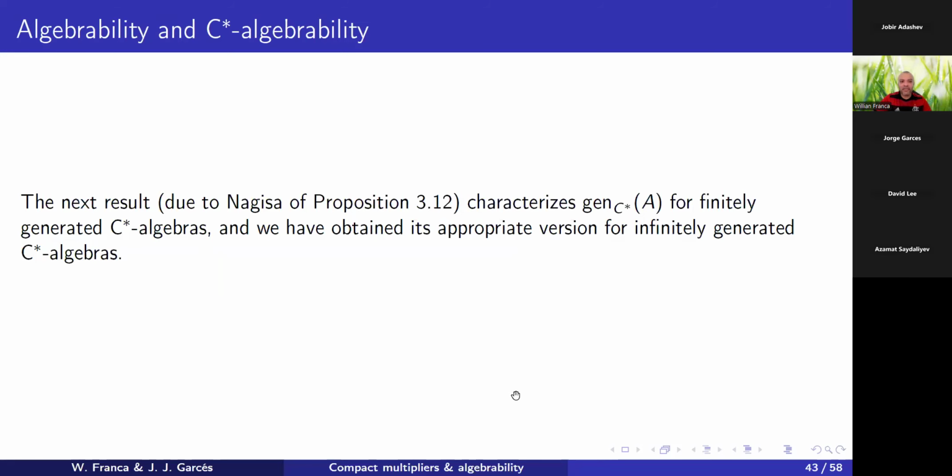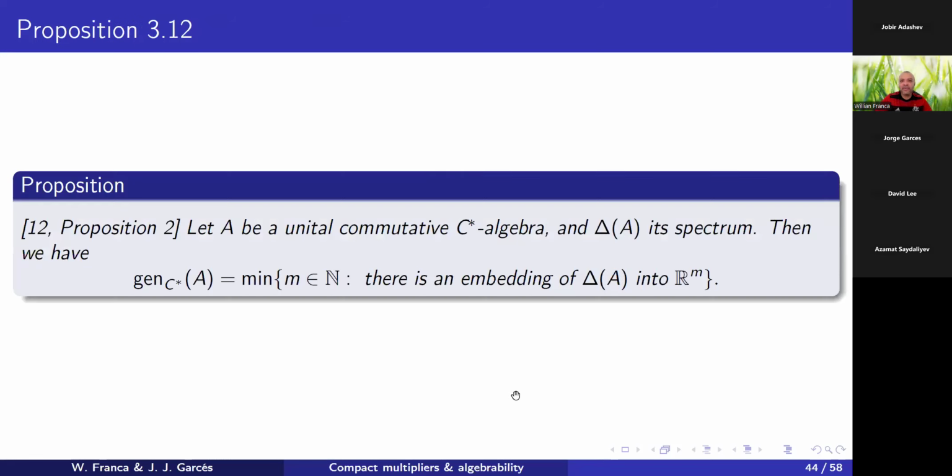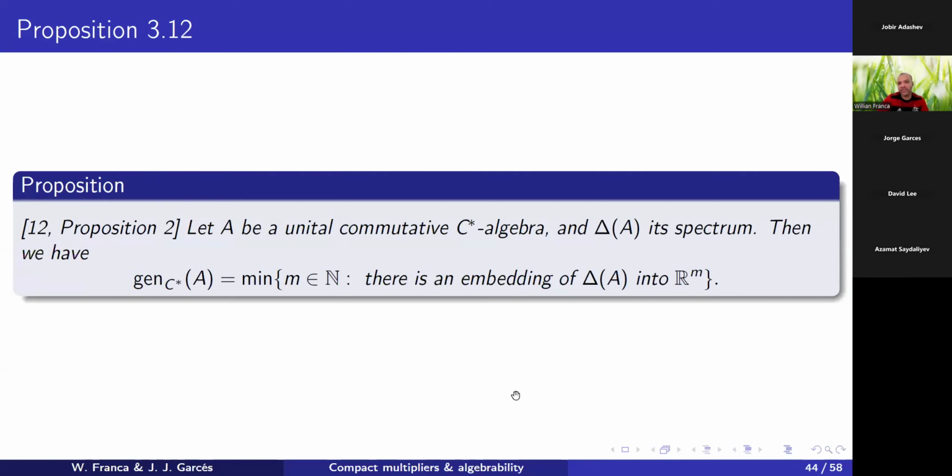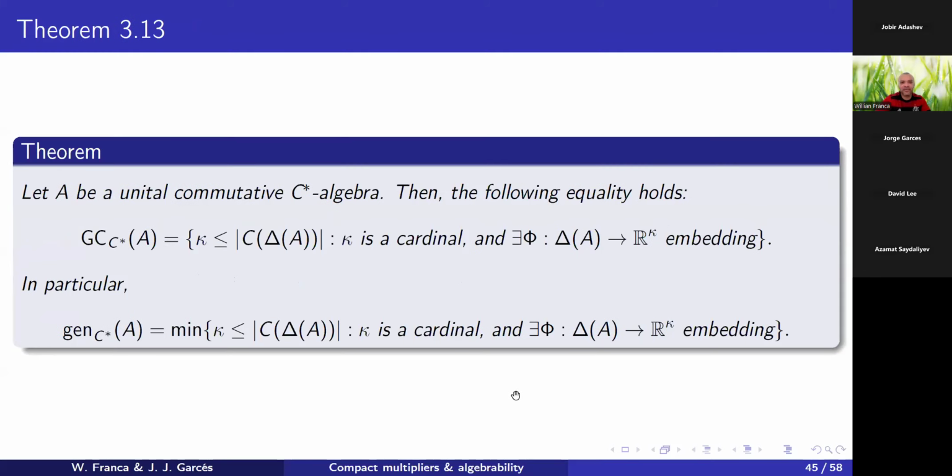As I have already mentioned, the following result is due to Nagisa. So far it only held for finitely generated C-star algebras, and we are able to extend such a result for infinitely generated C-star algebras, which is essentially the same thing as over here, but for infinitely generated algebras.